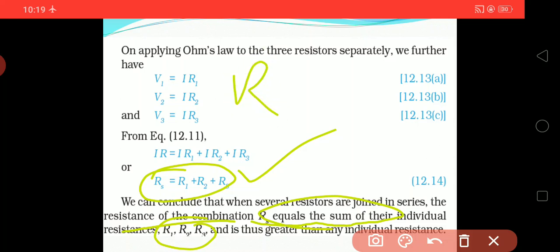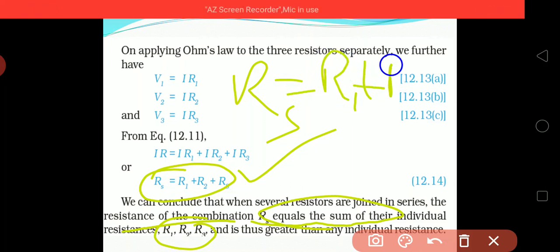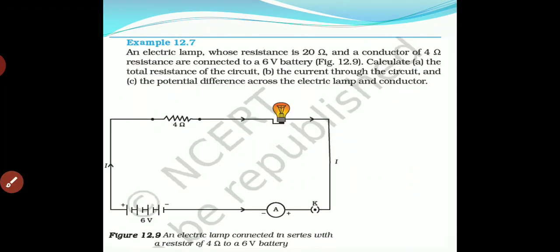If we denote the sum of the resistances by Rs, then it will be the addition of the individual resistances, R1 plus R2 plus R3.